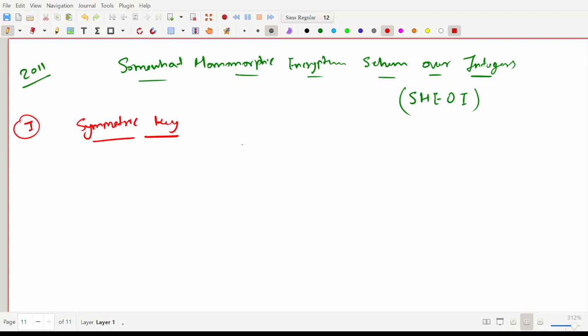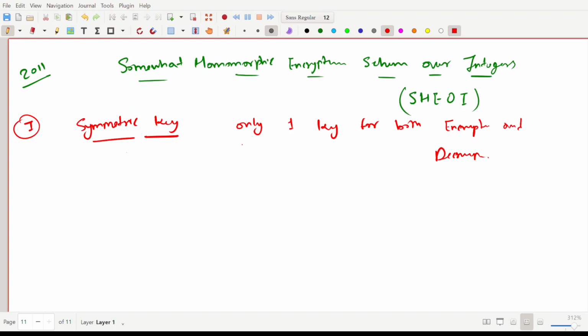Here it will be only one key for both encryption and decryption. Whereas in asymmetric, which you also call a public key cryptosystem, there will be two keys. One key will be for encryption, and the encryption key will be publicly available, and the decryption key will be secret.